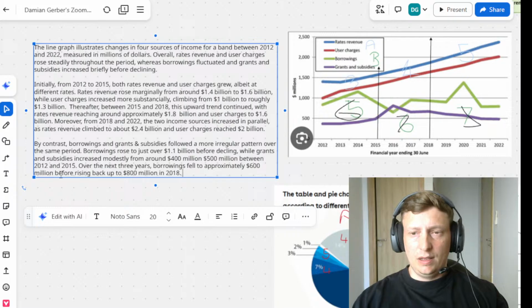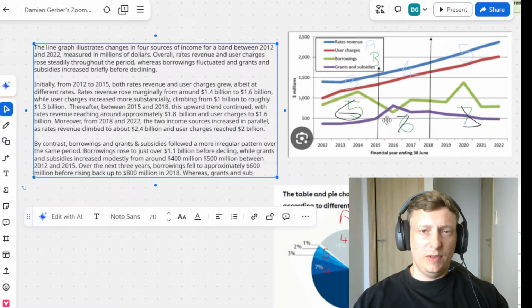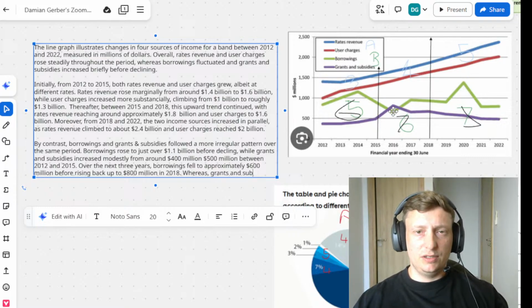Okay, and then we just want to say, so whereas grants and subsidies. Now, this is quite an important point for subsidies because this is the highest point that it does reach, and it's the only time that it overtakes borrowings. Now, if you want to include both of those in there, you can. Up towards a band 7.5, I think it's fine just putting in brackets that this was its peak.